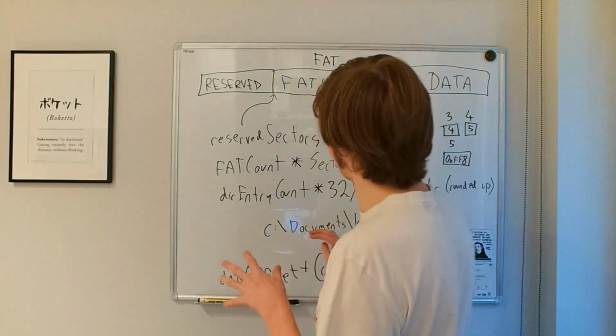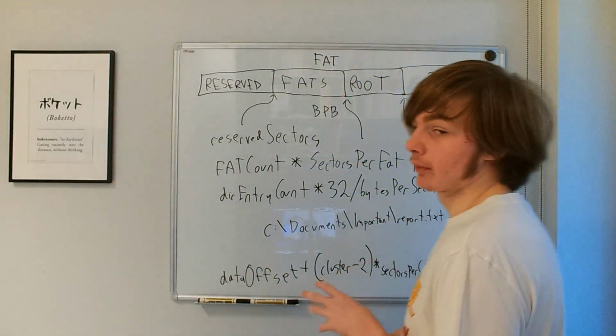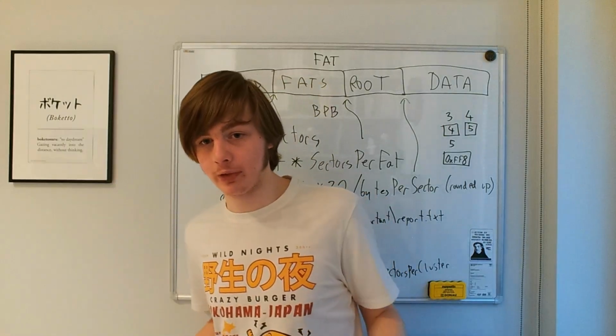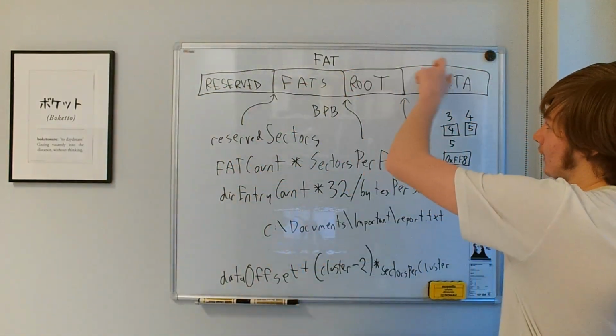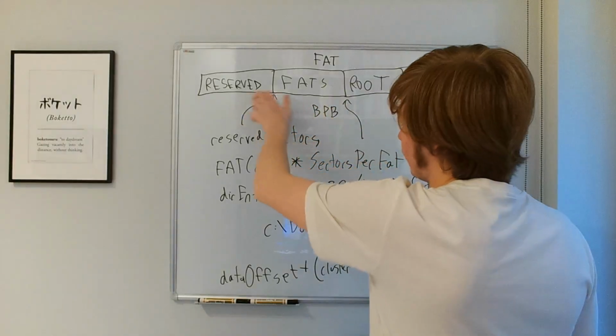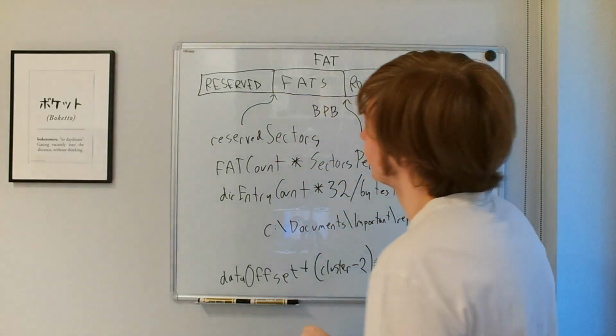In order to summarize, the file allocation table file system splits the disk into 4 fundamental regions.